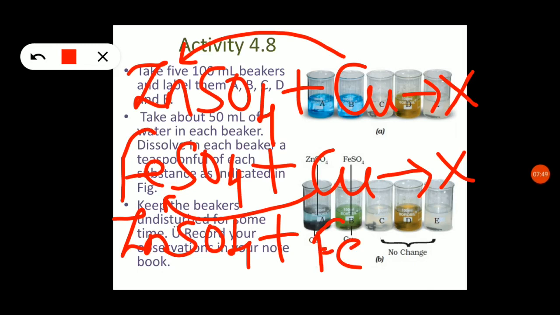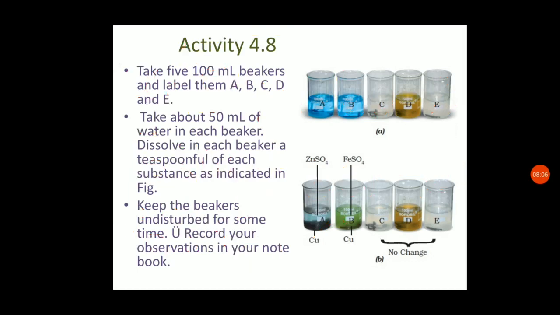Here iron is less reactive than the zinc, hence it cannot displace zinc from its salt solution. So we don't see any changes in this beaker. If you observe the color, only in A and B you have observed the changes in the color, but in C, D and E it is as it is. So this is the displacement reaction.